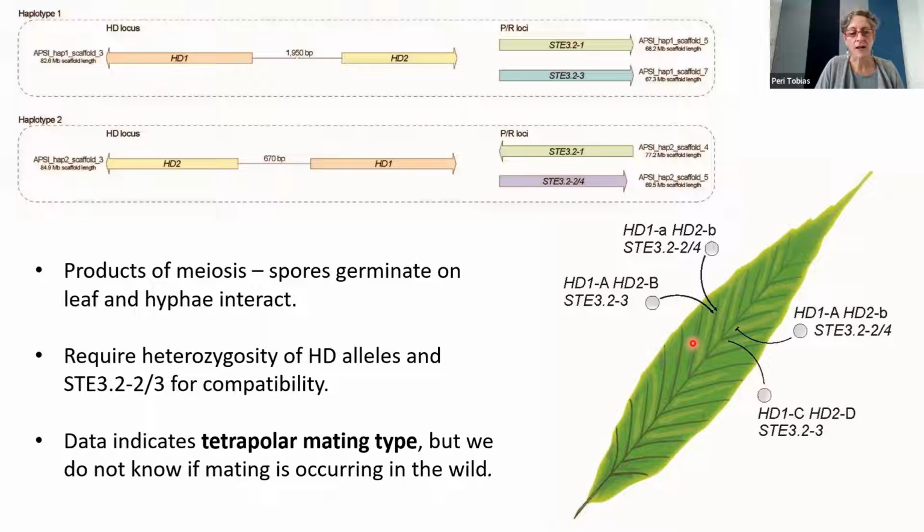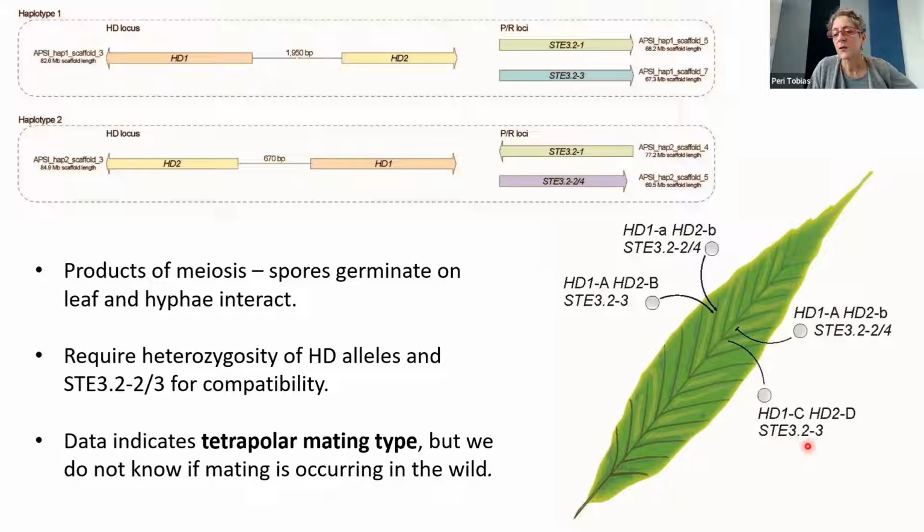So if you think about it like this, HD1 little a, little b meets HD1 big A, big B. Those two are compatible. 2.2 and 2.3 are heterozygous, so both these loci indicate compatibility. So these two can mate and produce a new strain. Whereas here we have HD1 big A, small b, which can't mate here, and it can't mate here.